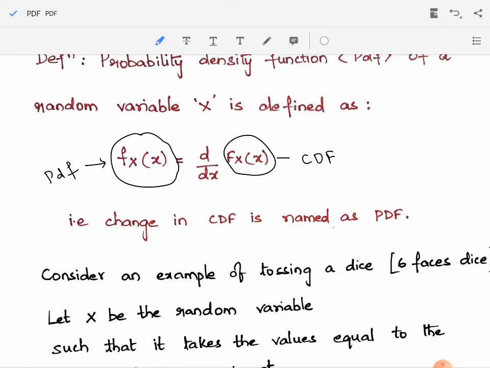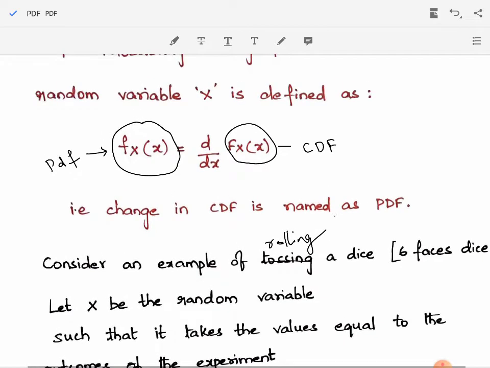So to understand the PDF, let's consider an example of rolling a dice. Assume the dice has 6 faces.